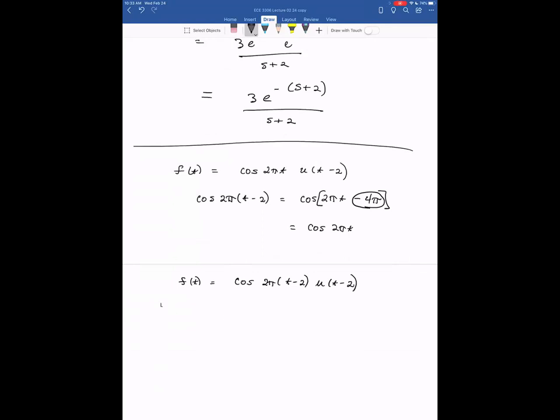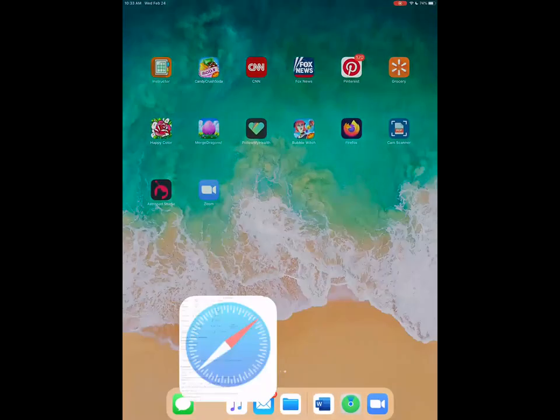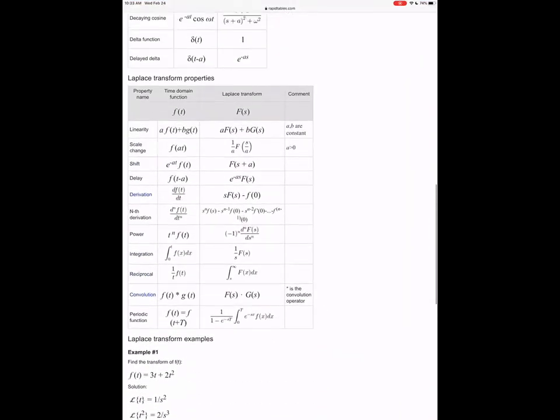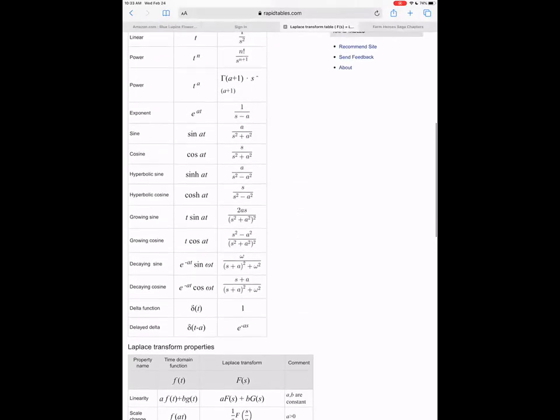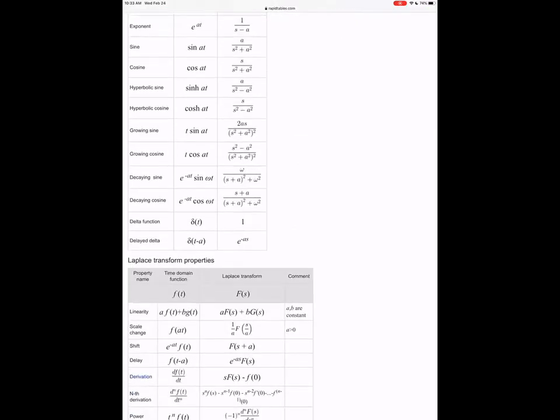Okay, and then when I do that, we go back to our table of transforms. At the beginning of the semester, when I do this for the first time, I'm pretty close to having it committed to memory, but not always 100%. You can look at the table and see that the transform of the cosine of at is s over s squared plus a squared.